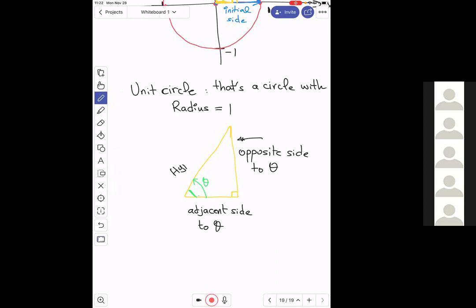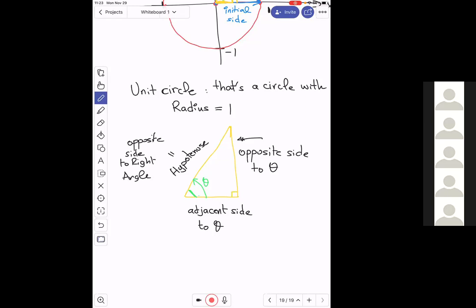So this is your hypotenuse, the side opposite to the right angle. That's what I mean by the hypotenuse.